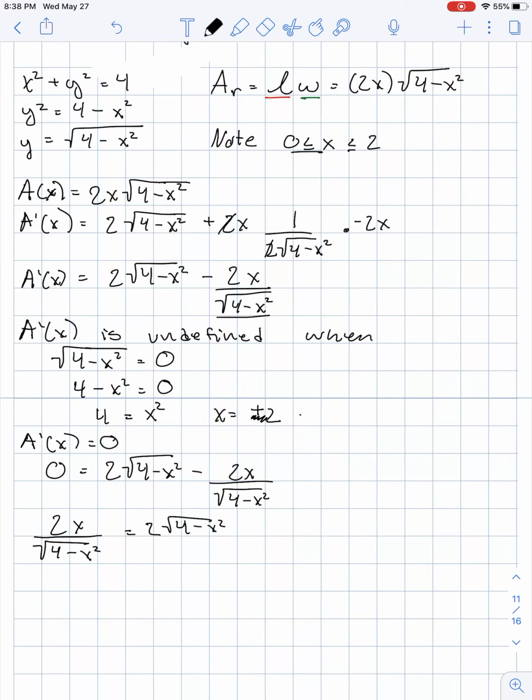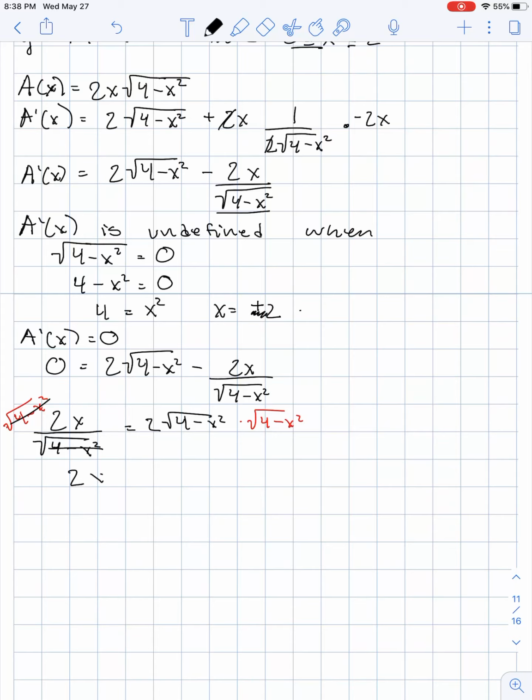So now I'm going to multiply each side by, sorry, root 4 minus x squared. So that'll cancel out these guys.